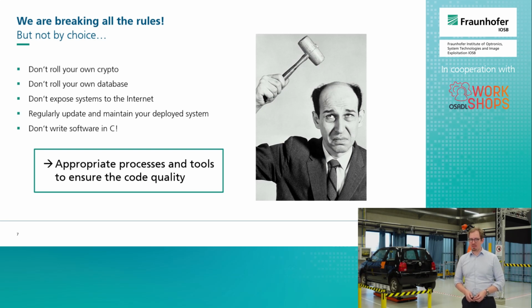That means in order to provide software under such circumstances, we cannot roll out beta software and hope to patch it later, but the stable releases that we put out have to be solid, and we have to use a lot of tools and also processes to ensure the code quality.